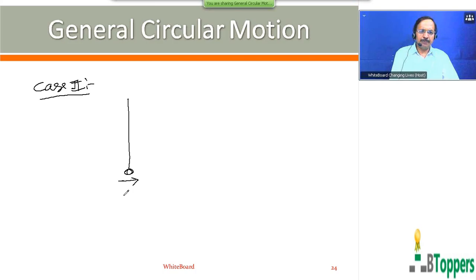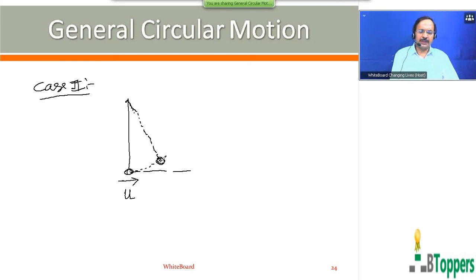So let us consider the bob of a simple pendulum projected horizontally with initial velocity of magnitude u from the lowest position, such that it moves under the influence of gravity and tension force by the string in the vertical plane, such that its total mechanical energy remains constant.